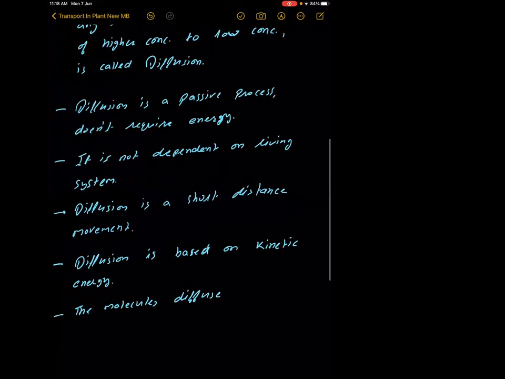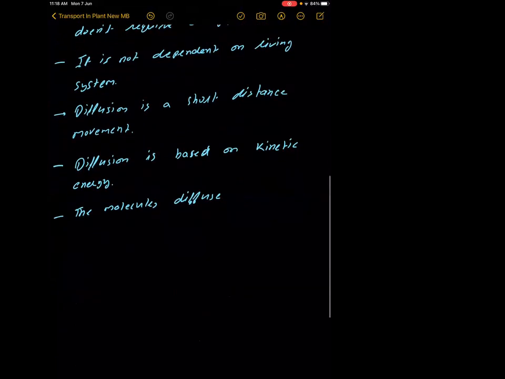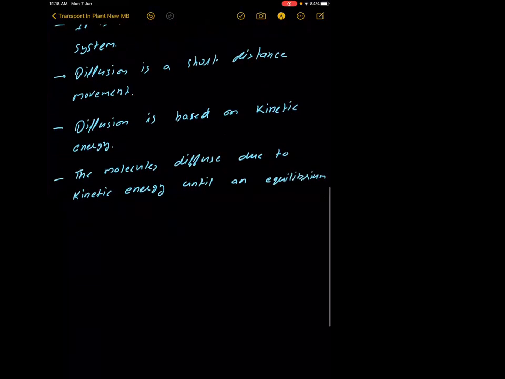Just a minute, let me finish this. The molecules of that material diffuse due to kinetic energy until an equilibrium is established.